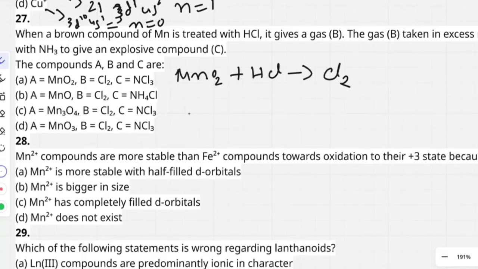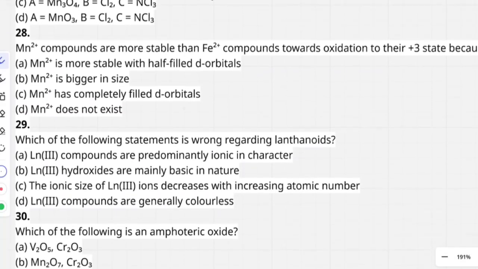This is A and chlorine gas is B. So this chlorine gas taken in excess reacts with NH3 and gives an explosive NCl3. So this is C. So A is MnO2, B is chlorine gas and C is NCl3. Option A is correct. Next I move to question number 28.